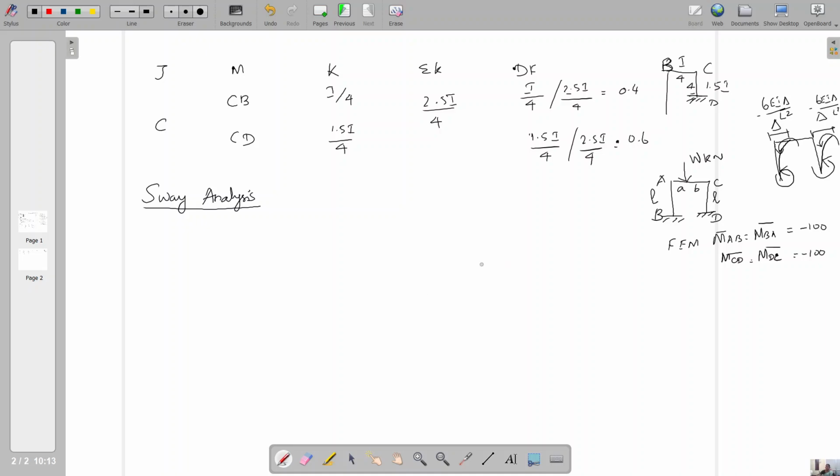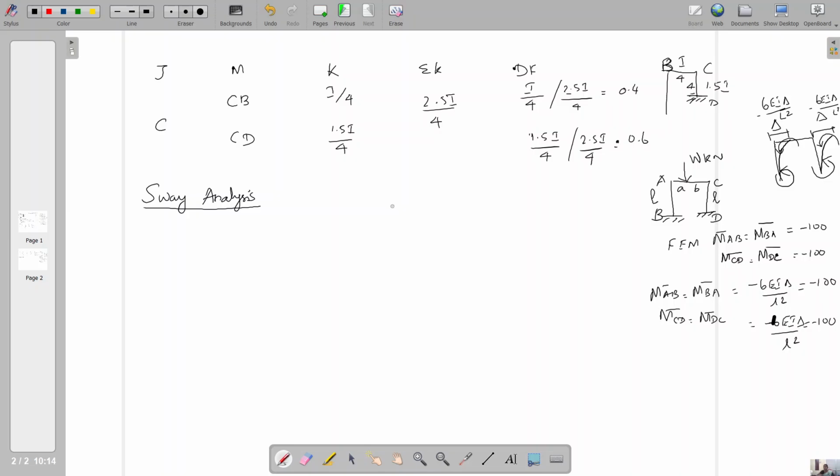So the moment at M̄AB and M̄BA, M̄CD and M̄DC is minus 6 EI delta by L square when both the column lengths are equal. It is to be noted. When the column lengths are equal to L, we can assume equal value of minus 100, minus indicating the anti-clockwise rotation. So we can simply assume minus 100 and minus 100 when column lengths are equal.